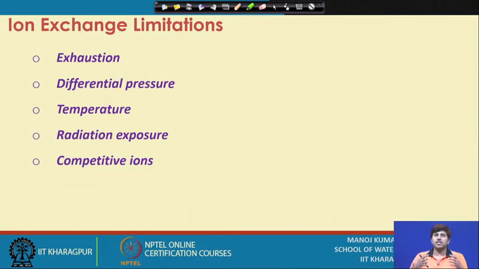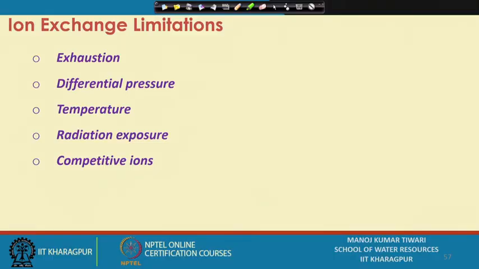Then ion exchangers particularly work under differential pressures, under pressurized systems. The adsorption processes can also be under pressurized systems or under gravity flow systems. Then there are issues of temperature.